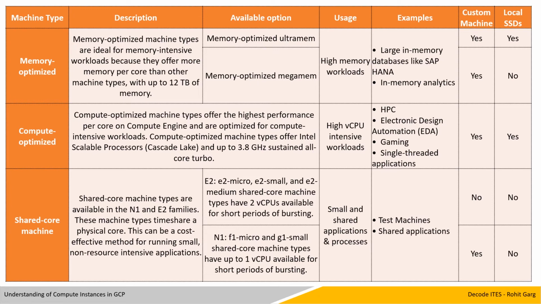In future, there is a possibility that Google increases this limit. They are best to use for highly CPU intensive workloads like HPC, electronic design automation, gaming, single thread applications, and some highly OLTP operating databases. Best part is these machines support both custom configuration as well as local SSD support.